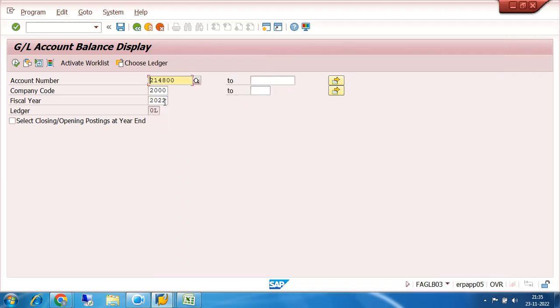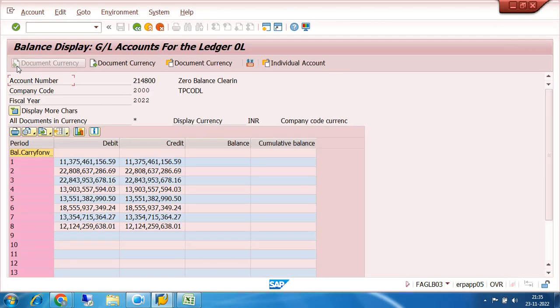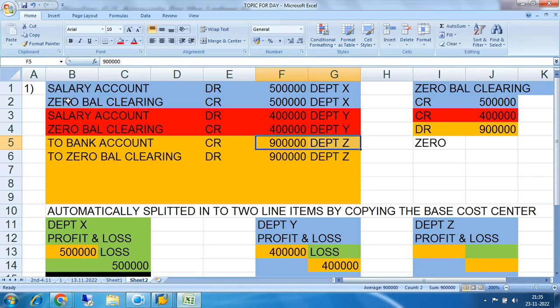Okay, in the year 2022 I want to see the balance now. See, here no balance is there. This is debit, this is credit, balance is 0. Debit, credit every month. Now the period is the 8th period, right? So why does this happen? This happens due to this only.